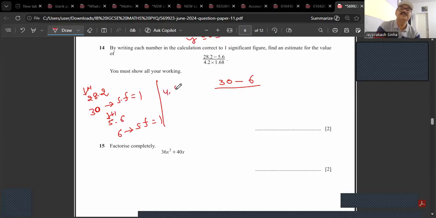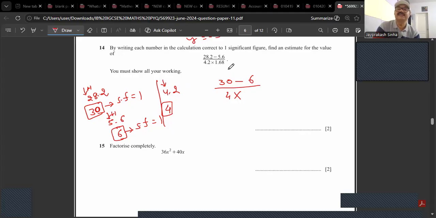Now 4.2, because this 2 is less than 5, this 4 will remain as it is. So we write 4. So the first number is 30 with one significant figure. The second number 5.6 will become 6. The third number will become 4.